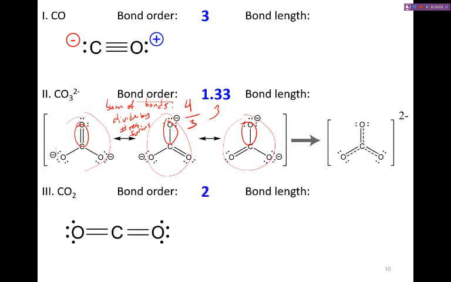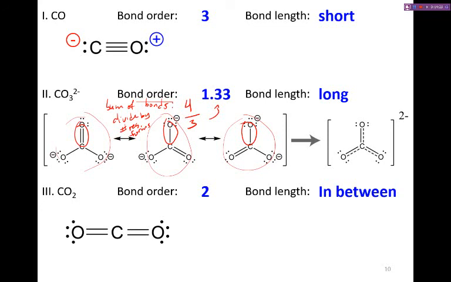And so we know that bond order and bond length are inversely related. The smallest bond order has the longest bond length, and the largest bond order has the smallest bond length.